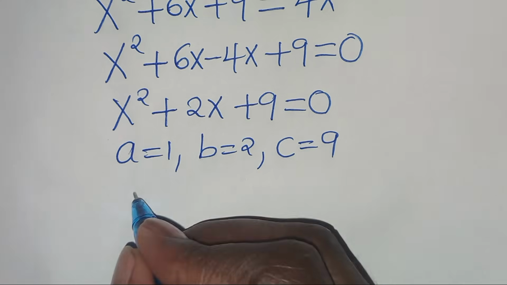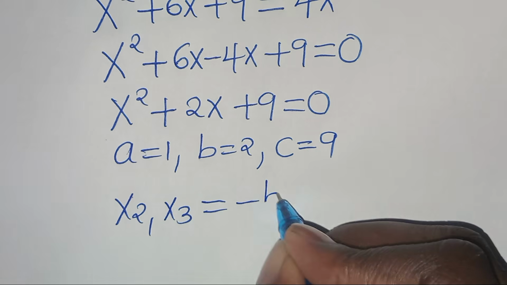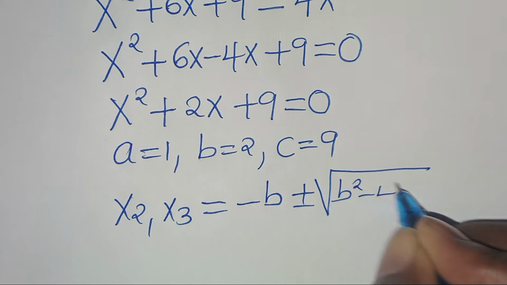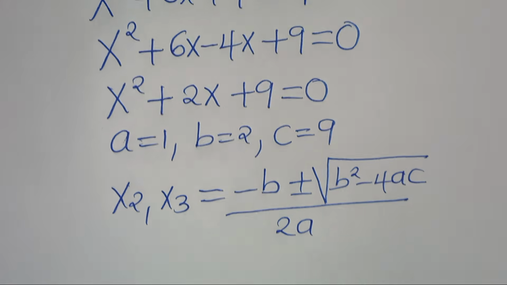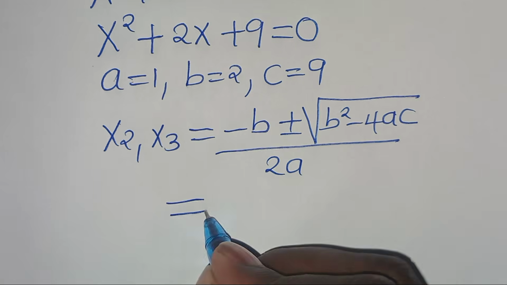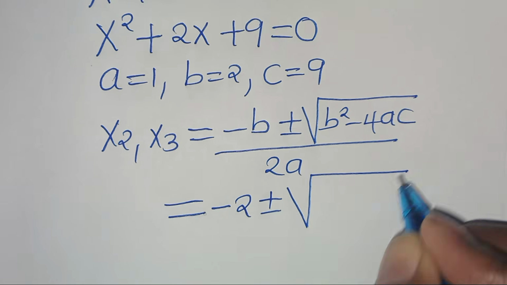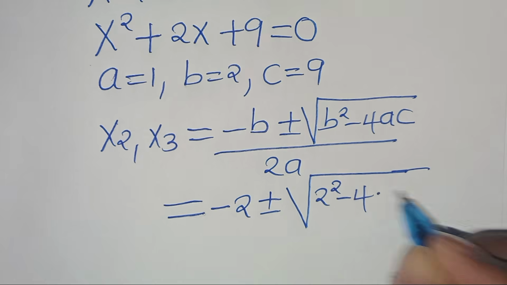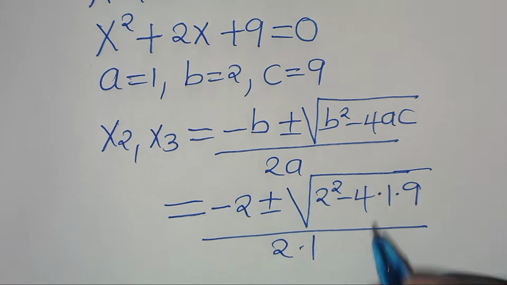Now we can solve for x2, x3 by introducing the quadratic formula here, which is minus b plus or minus the square root of b^2 minus 4ac, divided by 2a. Now let's substitute a, b, and c in this formula. So we have negative 2 plus or minus the square root of 2^2 minus 4 times a, which is 1, times c, which is 9, everything divided by 2 times 1.